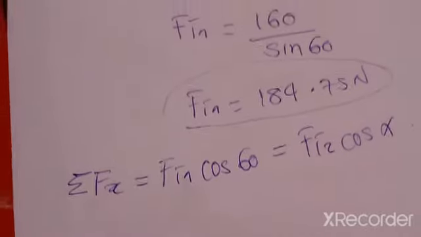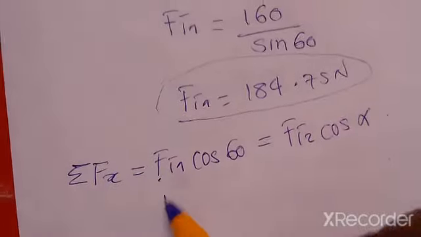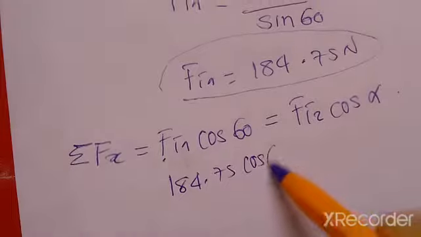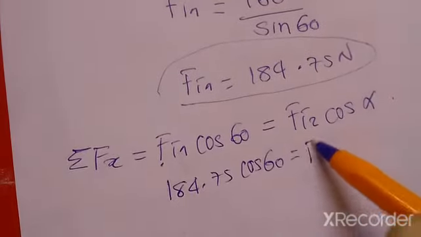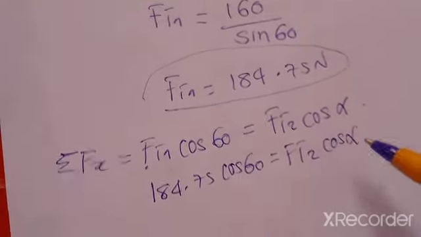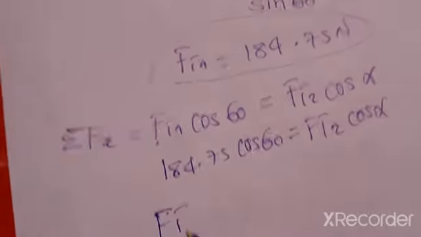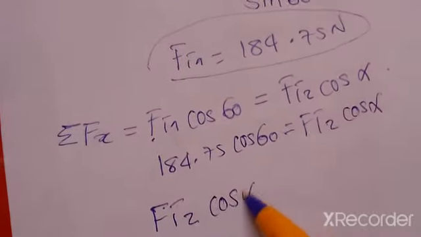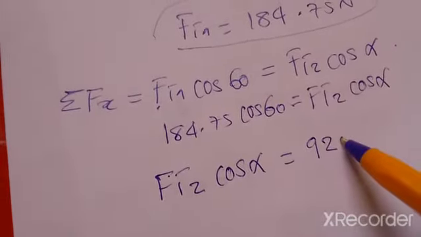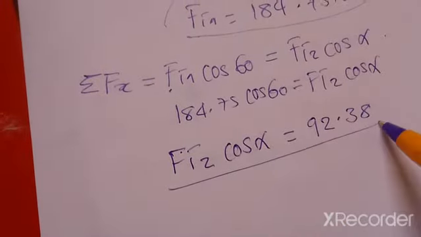We have ft1, which is 184.75 cos 60 is equal to ft2 cos alpha. Meaning if we simplify this, we'll find that ft2 cos alpha is going to be equal to 92.38. Okay, that's what we have for now.